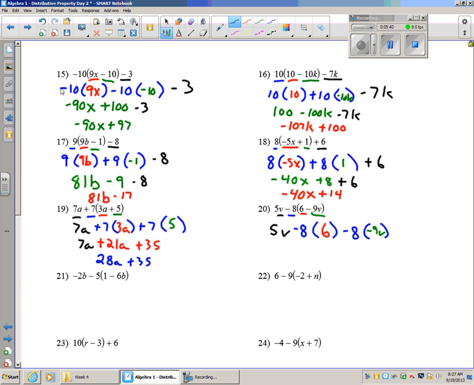The 5v again just drops down. Negative 8 times 6, that's positive 48. Negative 8 times negative 9v, that's positive 72v. So the 72v and the 5v gives you 77v plus the 48.